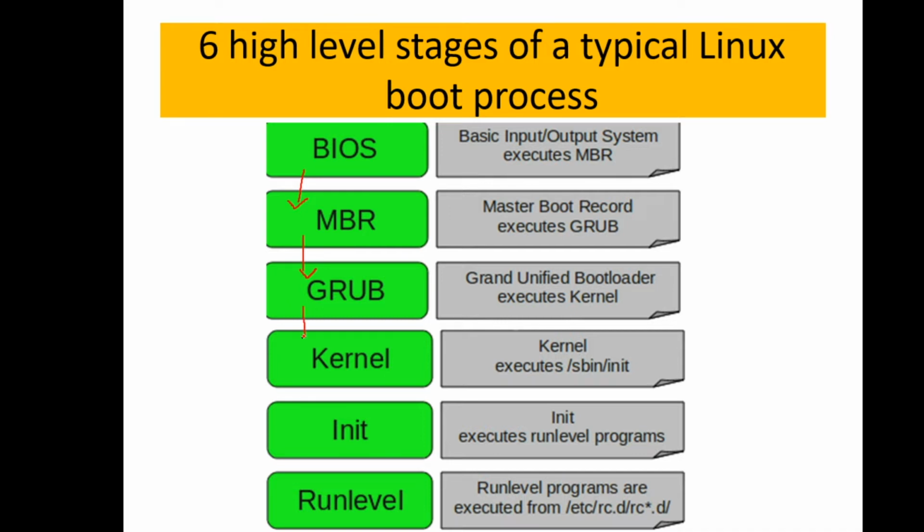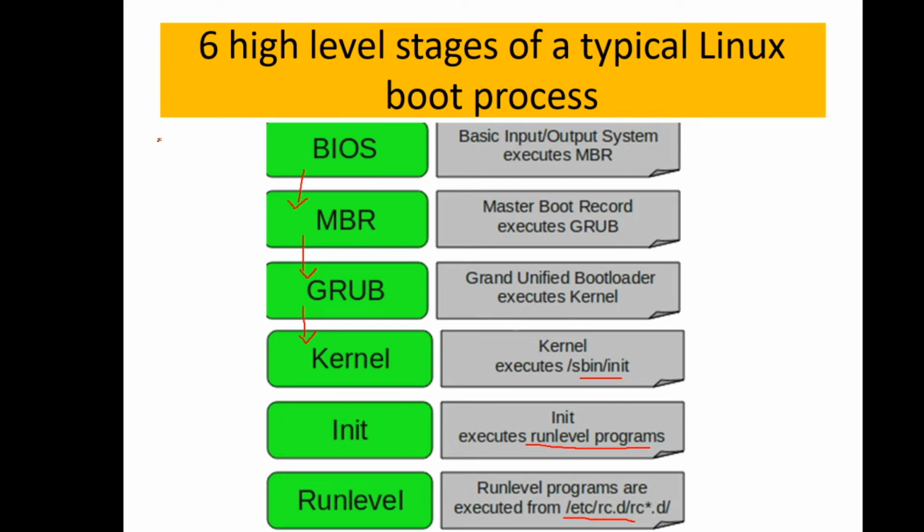As discussed in the earlier slide, the kernel will execute the init function, so it's going to execute /sbin/init. This init function is going to execute the run level programs, which execute all your files from the directories.